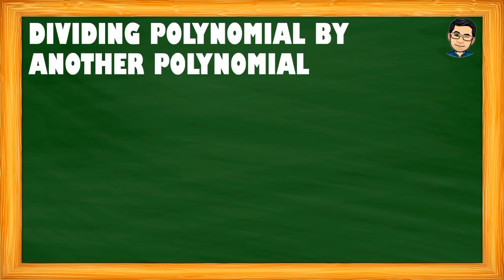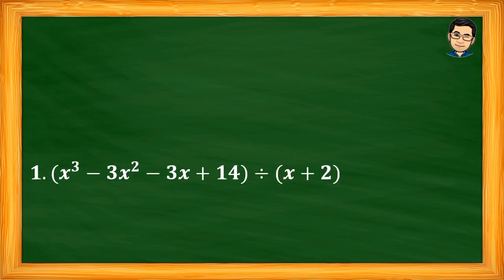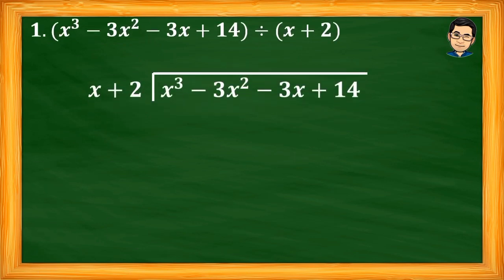So let's have dividing polynomial by another polynomial. So to divide a polynomial by another polynomial, use the long division method. So kung ano yung long division method na yan, i-explain ko po yan sa next example. So let's have number 1. X cubed minus 3x squared minus 3x plus 14 divided by x plus 2.